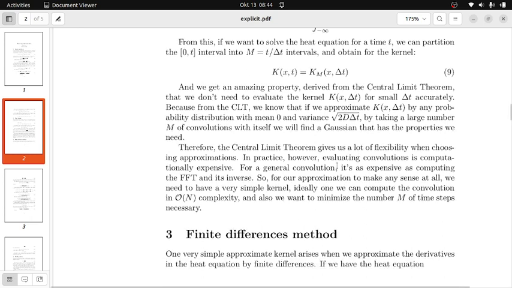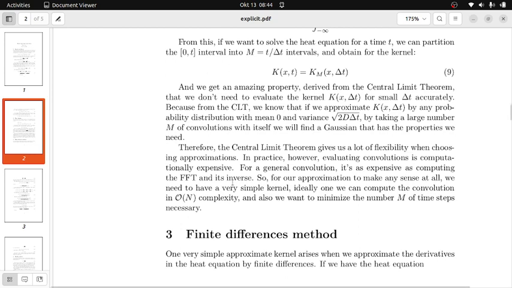And ideally, since the FFT is O(n log n), we would like to make this approximation in O(n), and we'll see if that's possible. Yeah, we're actually just spoiling a little bit.